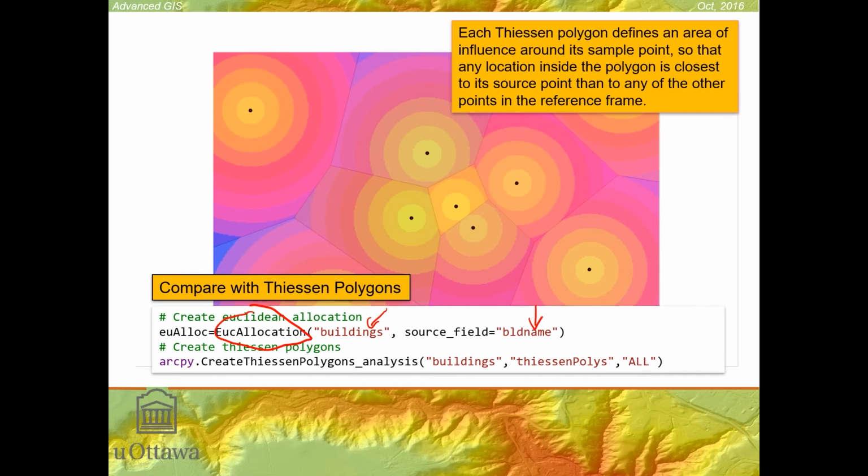In vector space, we can use the Create Thiessen Polygons tool in the analysis toolbox. It takes the name of an input feature set, like these points, the name of an output, and then which attributes to carry over, such as all.